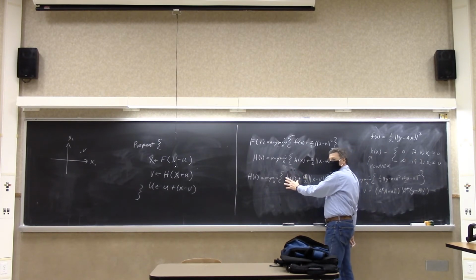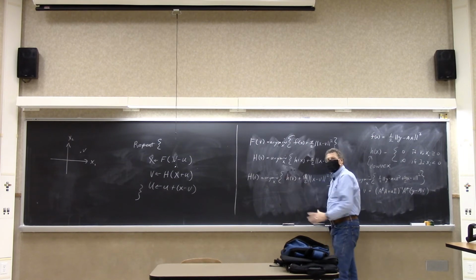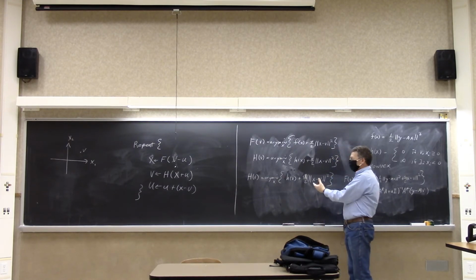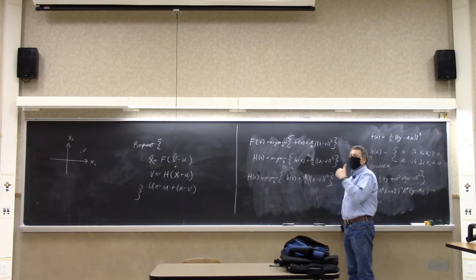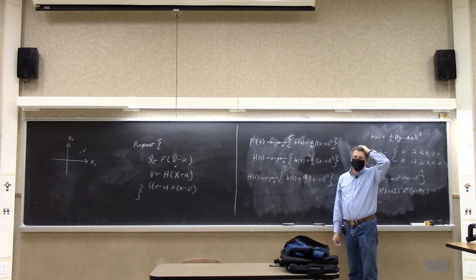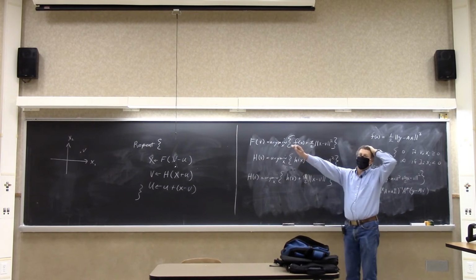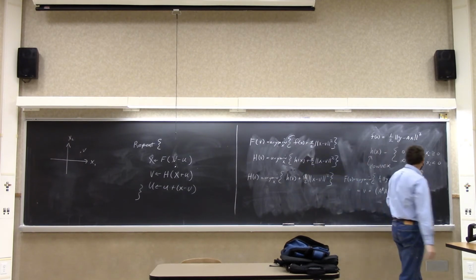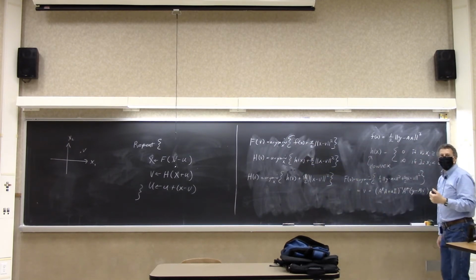Now, if I put H here, H just says I'm not allowed to have solutions with negative components because that would screw me up, right? So I have an infinite potential to keep me away from there. It's like I hit a wall, quite literally. Well, not literally, but quite figuratively. I hit a wall, right?